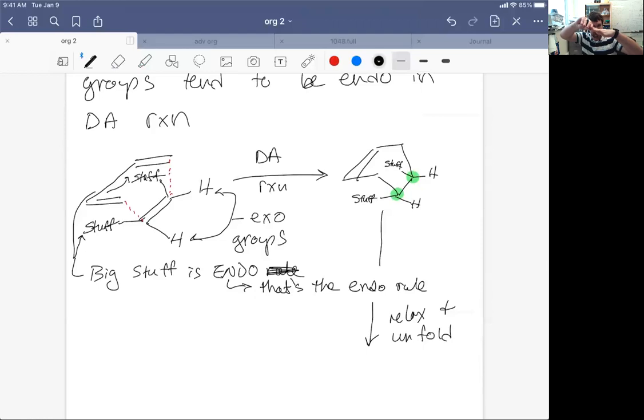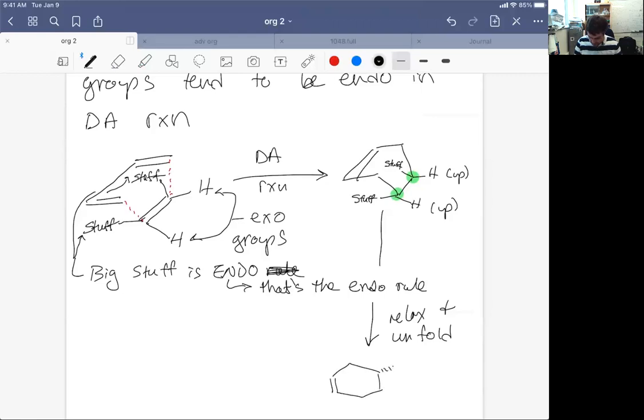When I pick them up, the hydrogens, which are firing outwards, are going to launch up and be our up groups. So the hydrogens are going to both be up in this case. And then the stuff that's pointing in, as the molecule unfolds, is going to be pointing downwards. Relax and unfold.